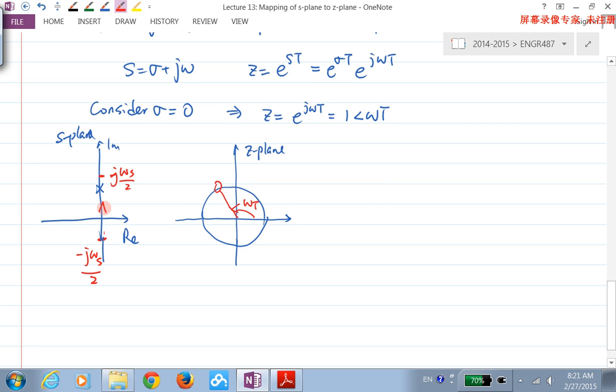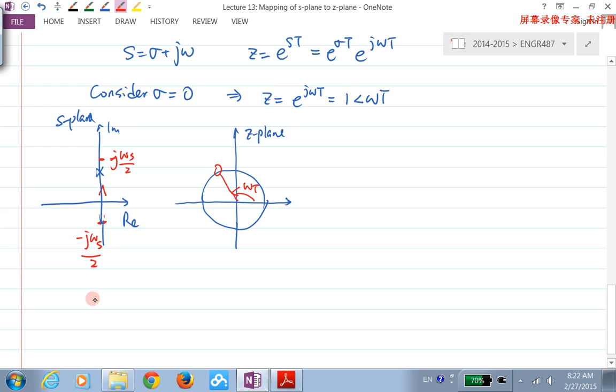Let's see what happens if I move from here to here. First, let's look at the boundary here. Where is negative j omega s over 2 going to be mapped to in the z plane? How do we verify that? We use this equation.